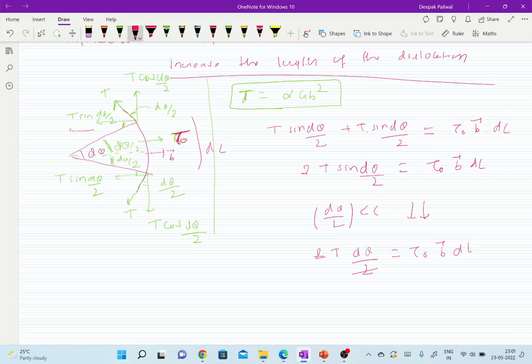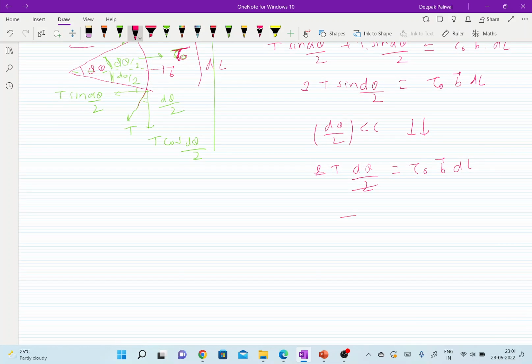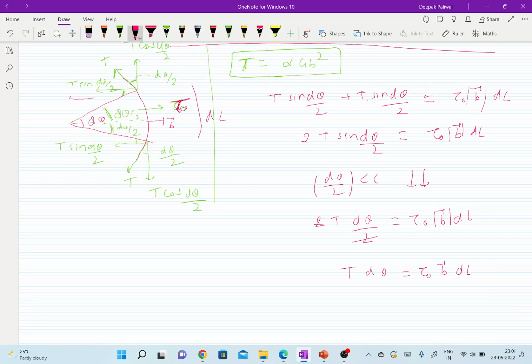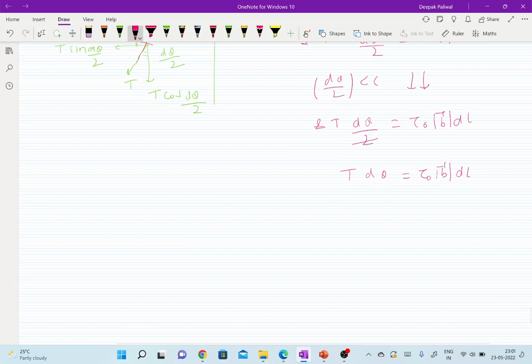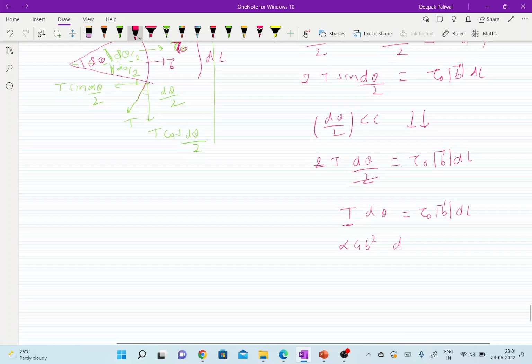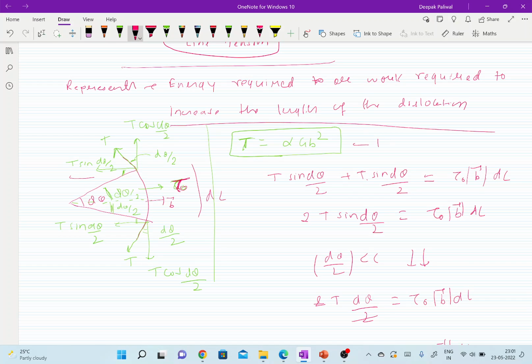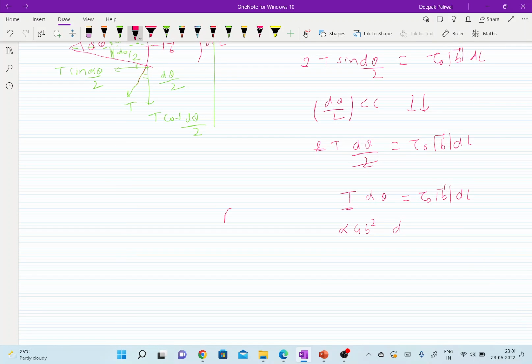We can divide 2 with 2, so T d theta is equal to tau naught b dl, where we are writing the magnitude of the Burgers vector b. Again, we can write alpha G b square in place of T, let us call this equation 1. So from 1, alpha G b square d theta is equal to tau naught b dl.